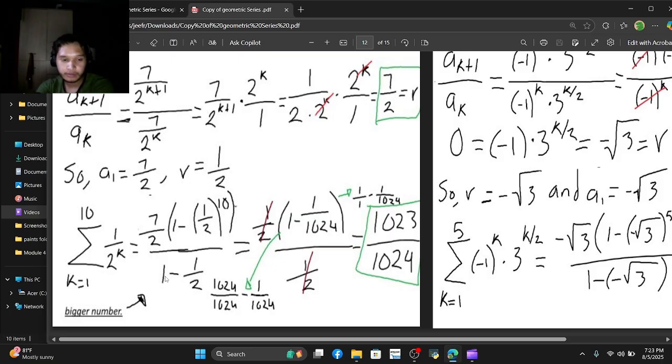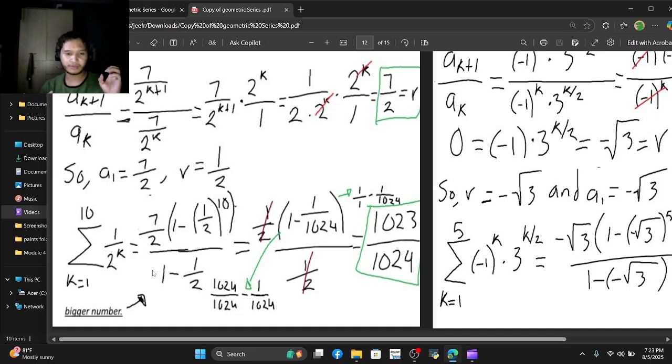What's going on? This number on the bottom gets canceled because the one in front of it is a bigger number. As I said previously, if the first number is bigger and you're subtracting a lesser number, you will get a positive number, right?